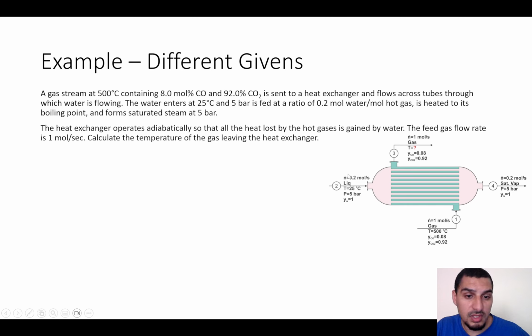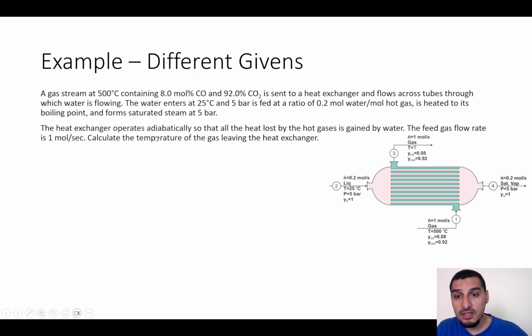So each one mole fed to the exchanger corresponds to 0.2 moles of water that is fed to the exchanger. And it said that the water is heated to its boiling point and forms saturated steam at 5 bars. So the product here is steam that is saturated at 5 bars.